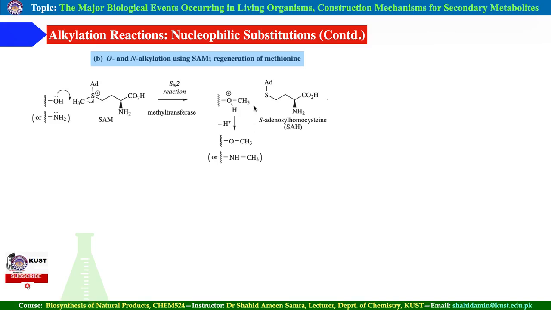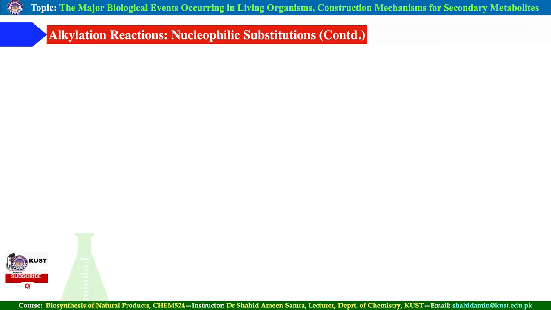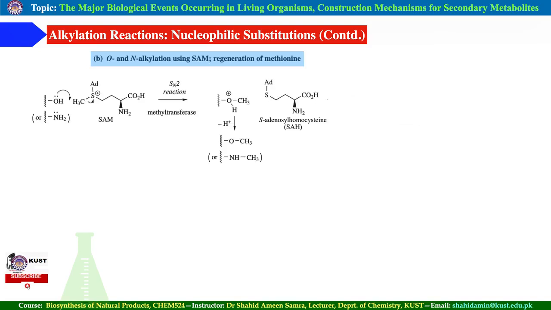So what's the result? We are having O-alkylated products, and along with that we are having again SAH. This is not SAM because it doesn't contain the moiety that was coming from adenosine.